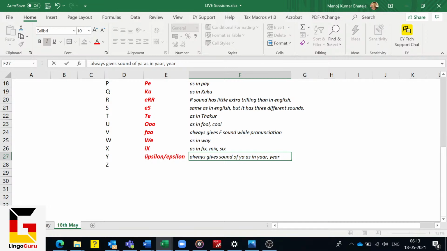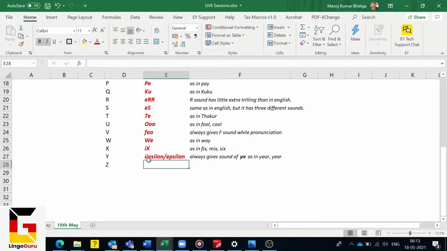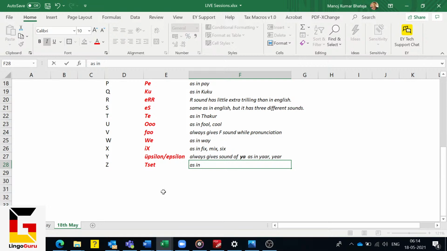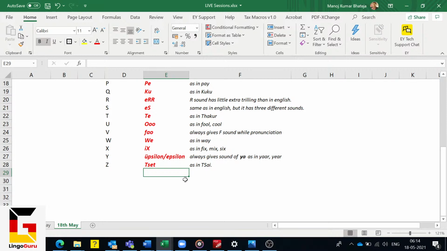Same pronunciation as this yacht, always ya. But when we spell this letter, and we are going to spell some names, this I is there, so we pronounce it as y, right? Epsilon. Now the next is set, as in psi, but we just add a little t before s, psi.